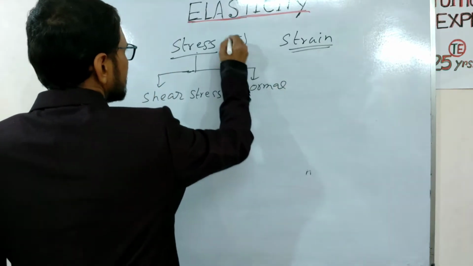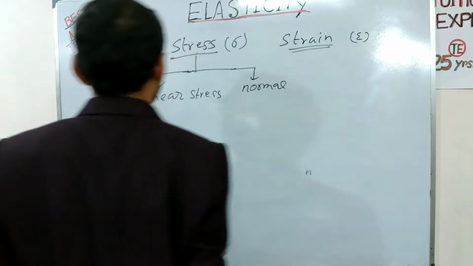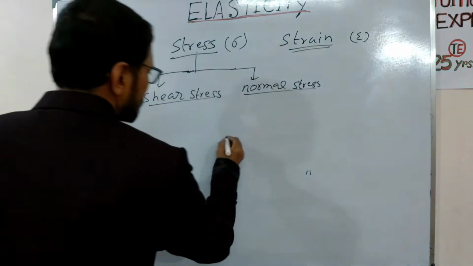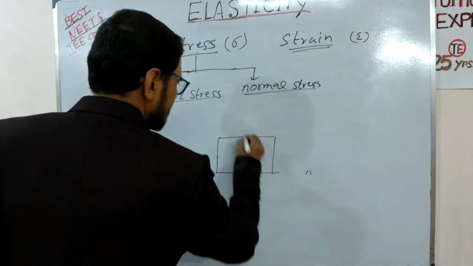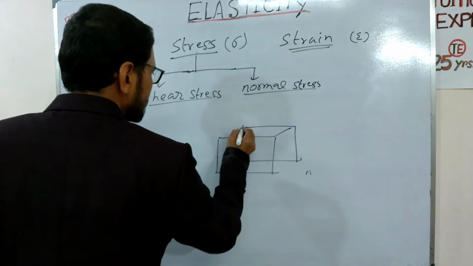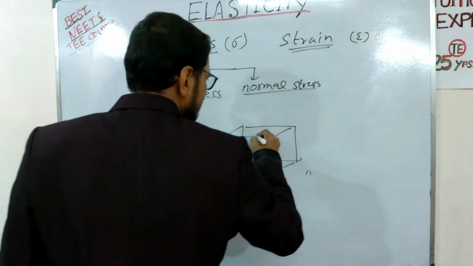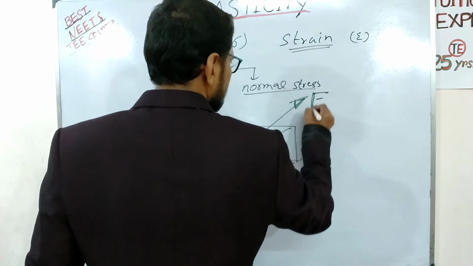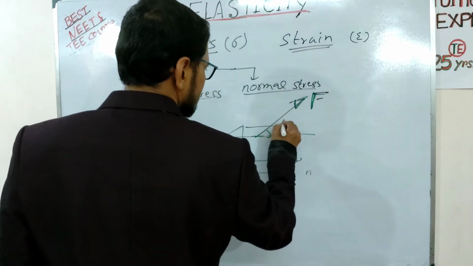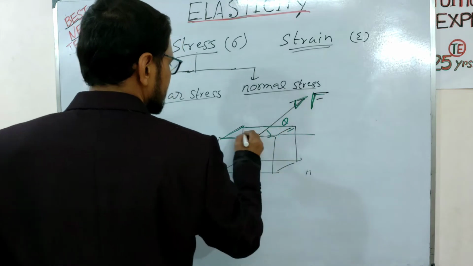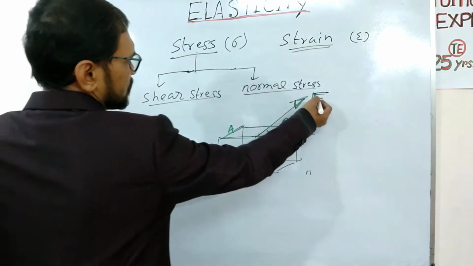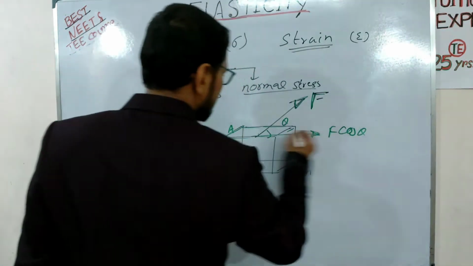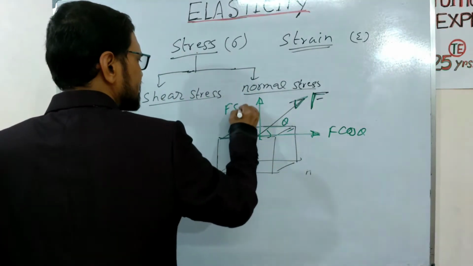Stress is denoted by sigma and strain is denoted by this. Shear stress and normal stress. Suppose this is a body, and a force acts in this way, at an angle theta. Now suppose this area is A. Here the component of the force along the tangent is F cos theta, and in the normal direction is F sin theta.